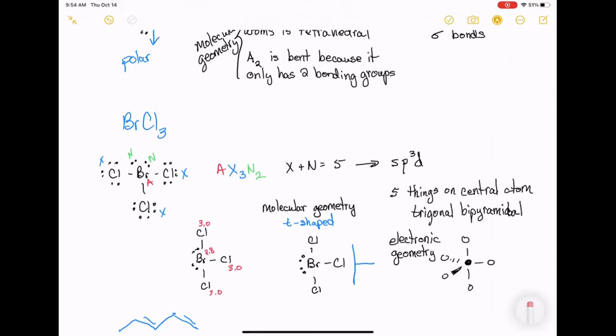If I simply used bond polarity, this would not be a polar molecule. However, because the 5 things on the central atom are not identical, it is going to be polar.